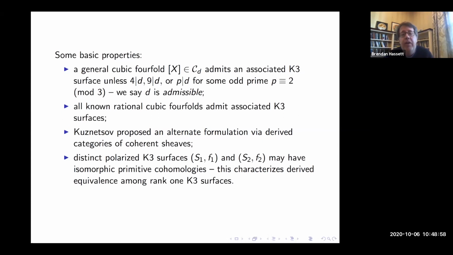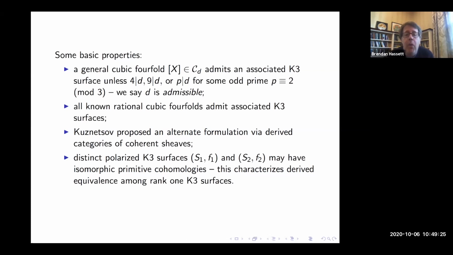And all the known rational cubic fourfolds admit associated K3 surfaces. There's a very nice formulation by Kuznetsov using derived categories that turns out to be equivalent to this. I'll come back to this point a little bit later, but there is a more modern perspective that involves sheaves rather than Hodge theory that can be used to get at the same kinds of quantities.